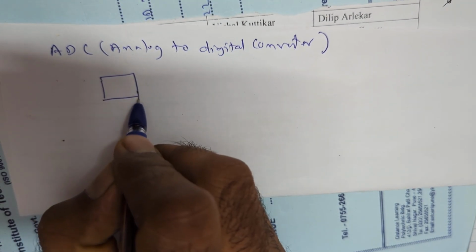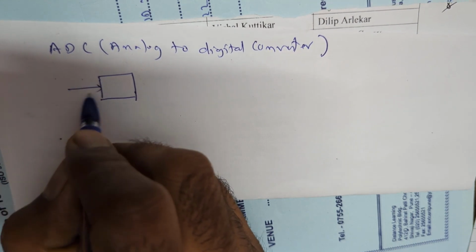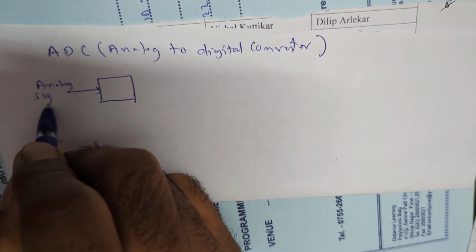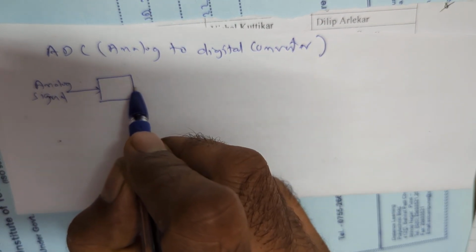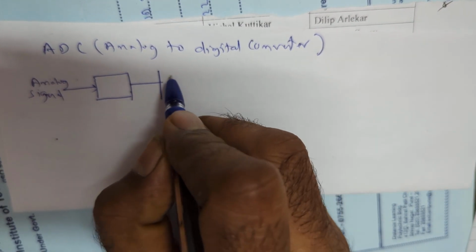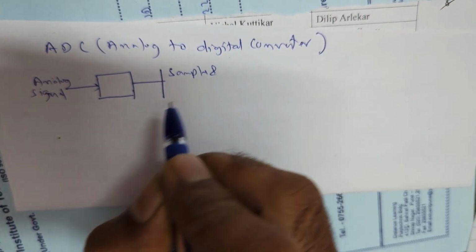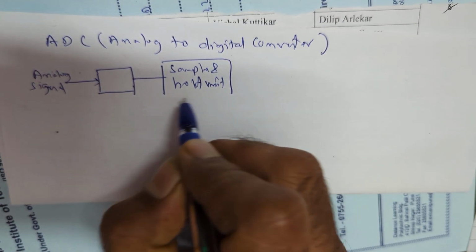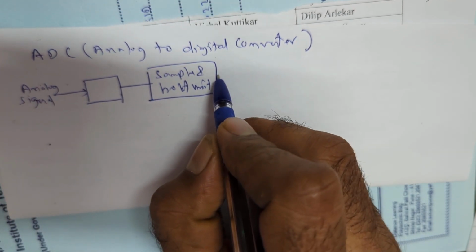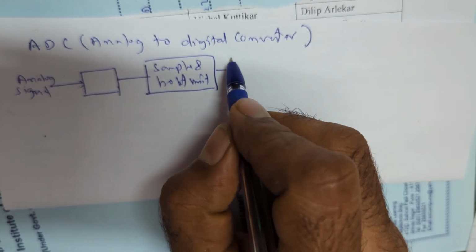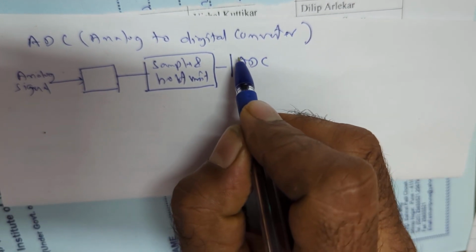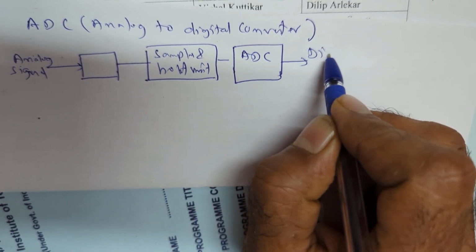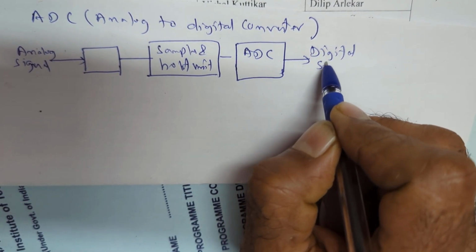Now, in case of analog to digital converter, we have input as analog signal, and there is a sample and hold unit, which is given to ADC, that is analog to digital converter, and we get the output as digital signal.